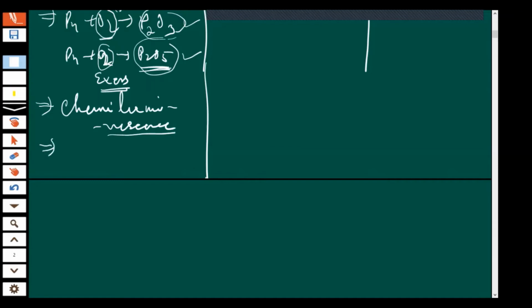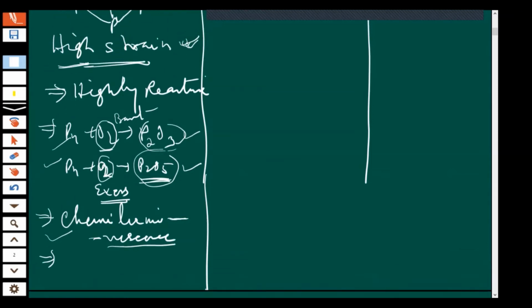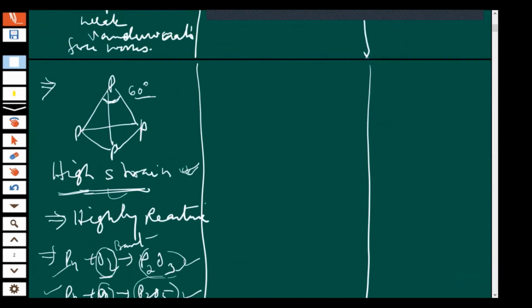Some chemical burns and gives bright look, that is known as chemiluminescence. Okay. Phosphorescence. From there only this phosphorus word has been extracted. So white phosphorus shows chemiluminescence. They immediately come in contact with oxygen to form oxides. Highly reactive. Molecules are in high strain.